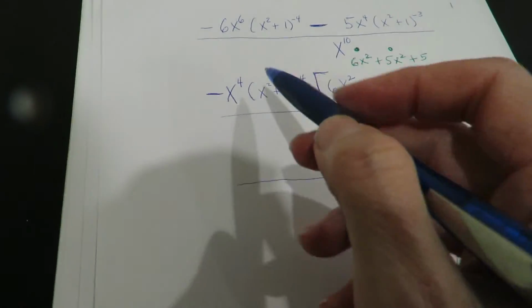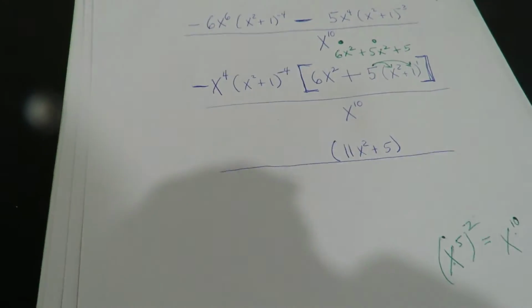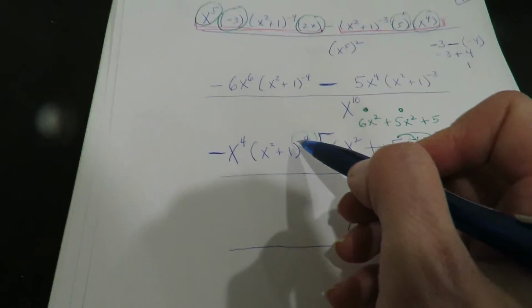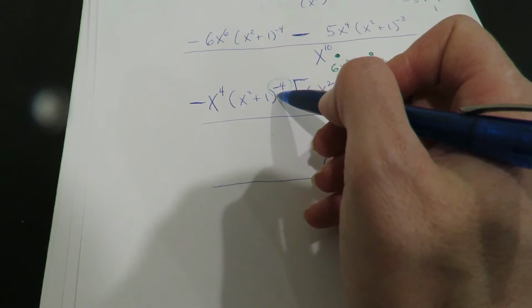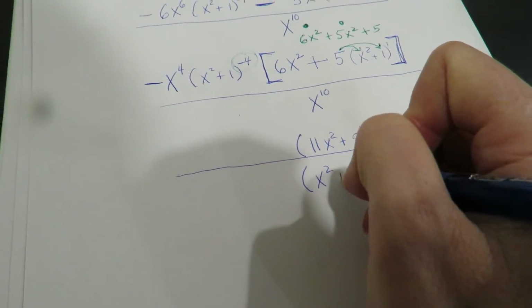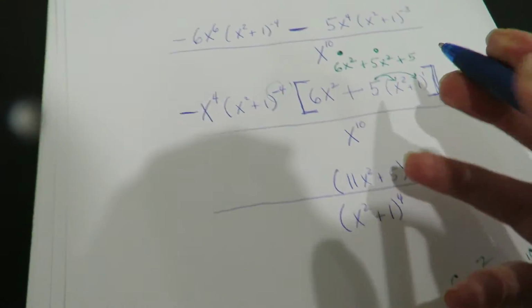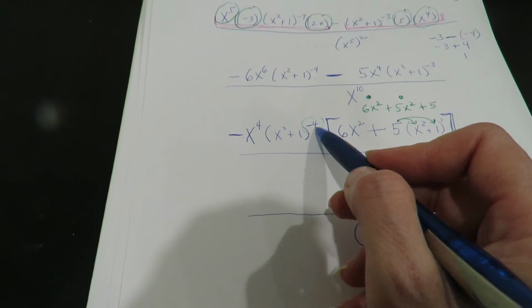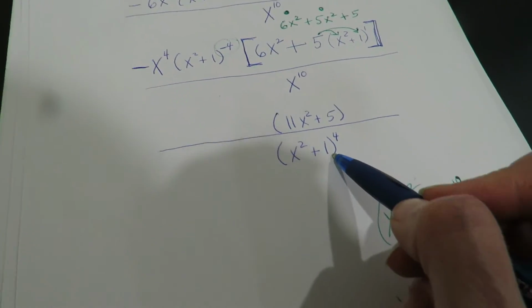All right, let's see what else we can do here. This guy is a negative. And remember, if it's a negative, that means reciprocate. So I can actually bring that downstairs to the denominator. So if it's a common factor that's negative, it can flip down to become a common denominator.